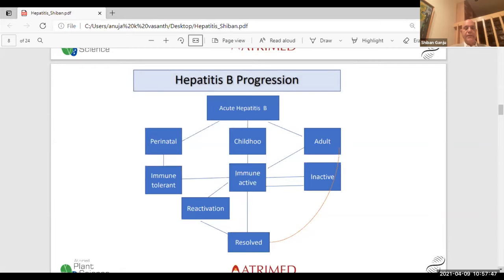Now, immune active can be treated and can be resolved, but the reactivation can happen again. So you can see there's to and fro between activity and inactivity if you haven't recovered. And if you're unlucky, it's a lifelong process till the person dies of cirrhosis or hepatocellular carcinoma. Next slide, please.